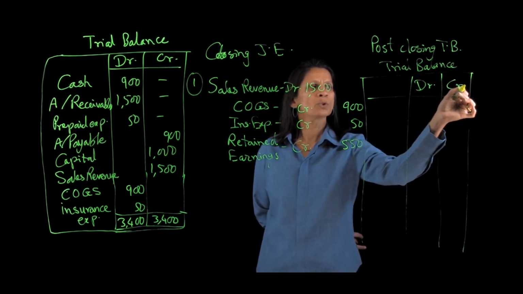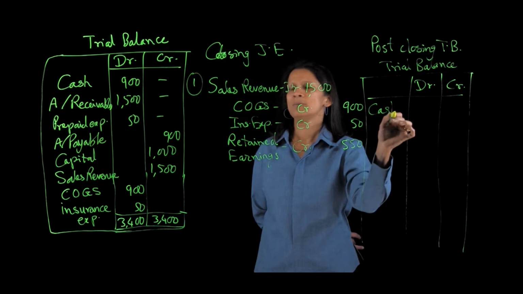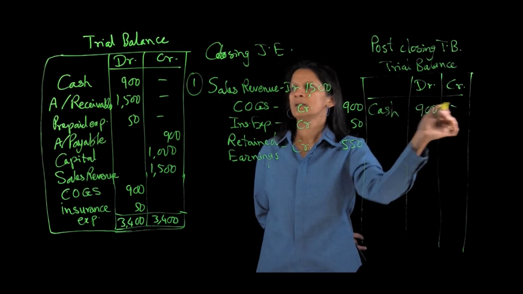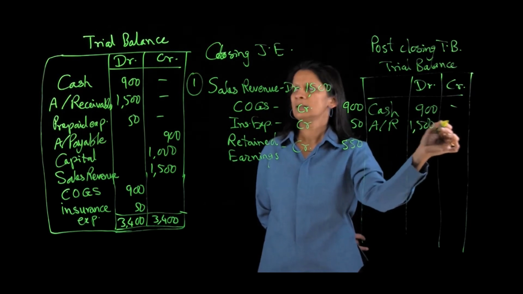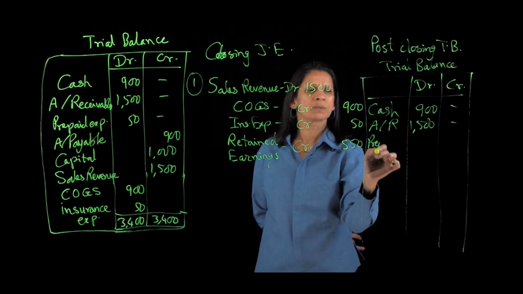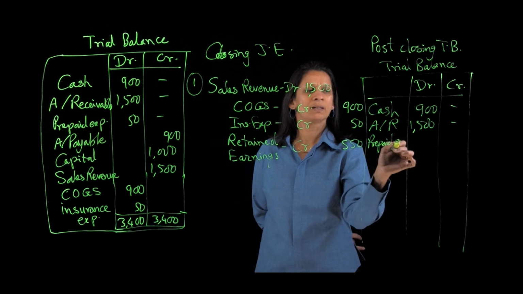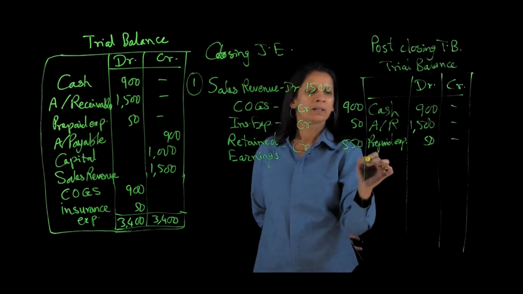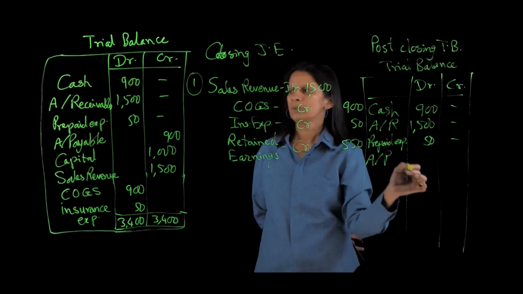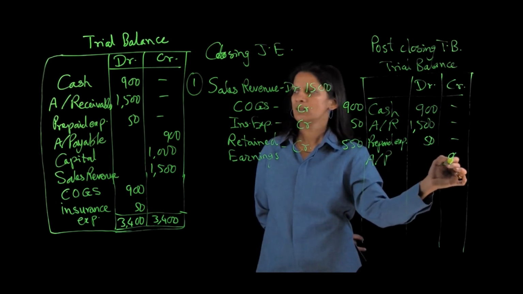So in my post-closing trial balance, I still have my cash $900 worth. I still have my accounts receivable $1,500 worth. I still have my prepaid expenses because I paid that money ahead of time, so it is my asset, $50. I still owe money to the people, accounts payable $900.